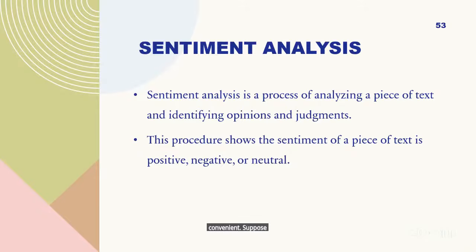Suppose I say happy, it is going to give you positive. If I say sad, then it is going to give you negative. This kind of opinion analysis is what you call sentiment analysis in NLP.